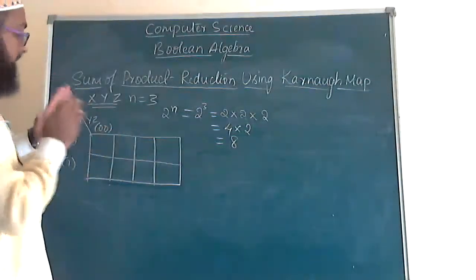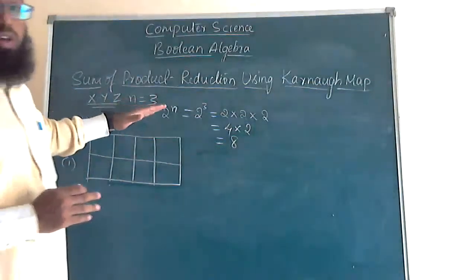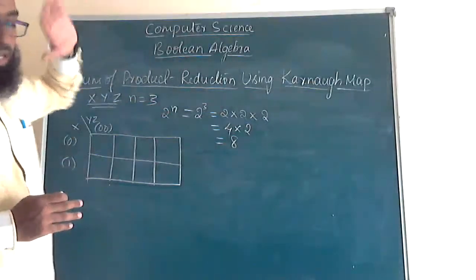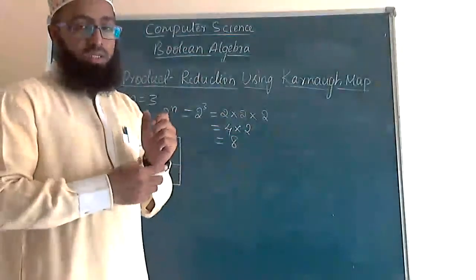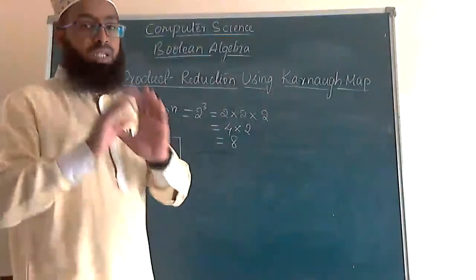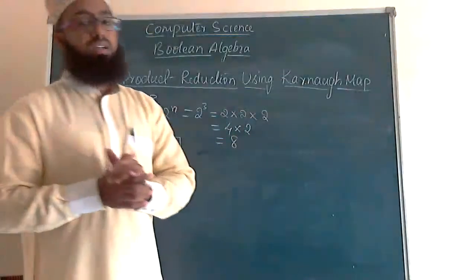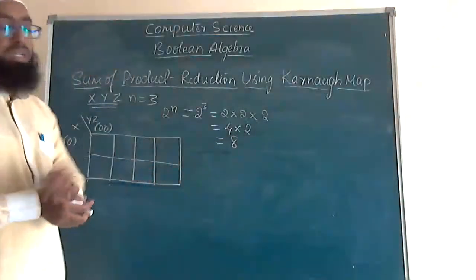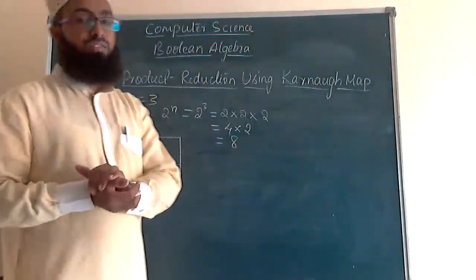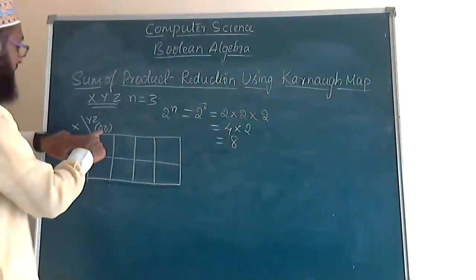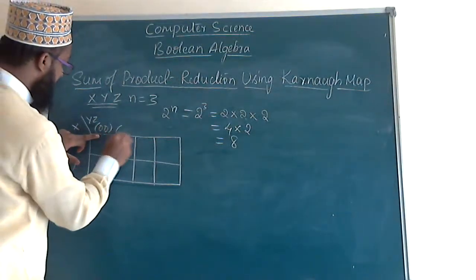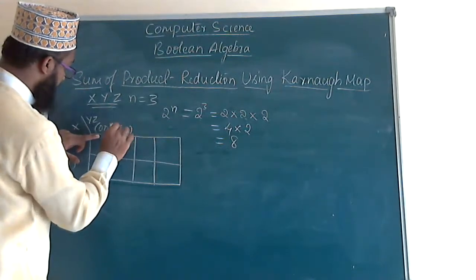Now you have to concentrate clearly here. In two variables, that means the 4 square Karnaugh map, numbering and naming is much easier. But in the 8 square Karnaugh map, it is a little bit different. 0, 0 first, then 0, 1.